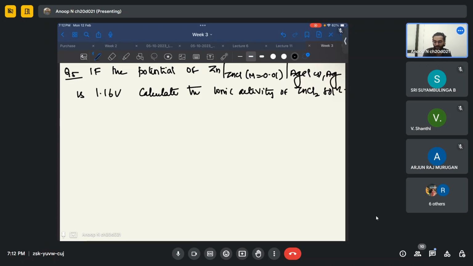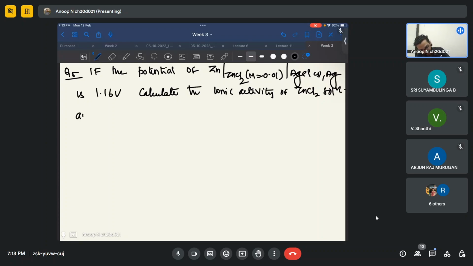Is the question clear? Please try to solve it here. If the potential of zinc bar zinc chloride, m equal to 0.01 bar AgCl solid comma Ag is, I think, 1.16 volt, calculate the ionic activity of zinc chloride solution.